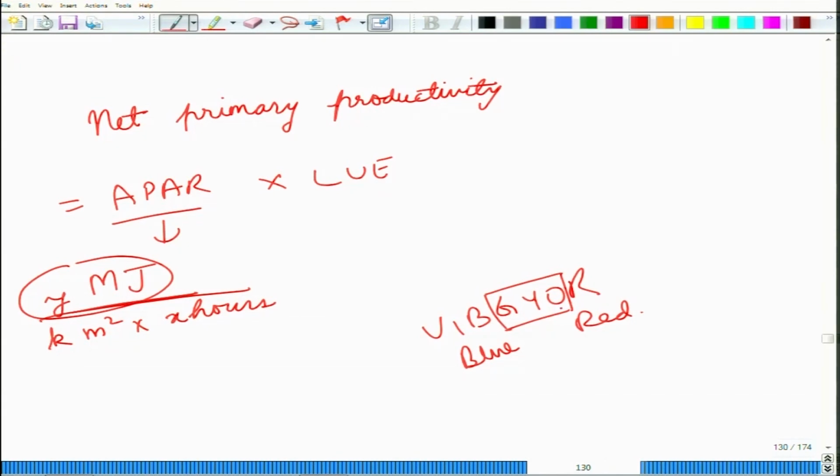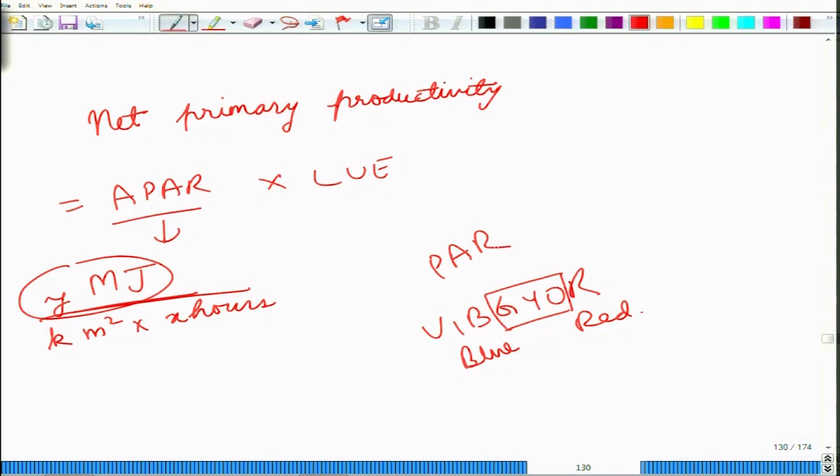Because green is mostly reflected, this is why the leaves look green in color. So, green is not being used for photosynthesis, whereas red and blue are. We are only considering that portion of the spectrum that is used in the process of photosynthesis. So, that is photosynthetically active radiation.